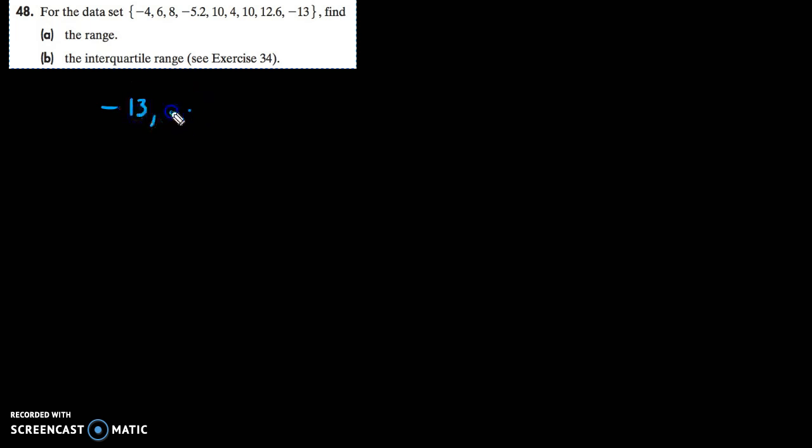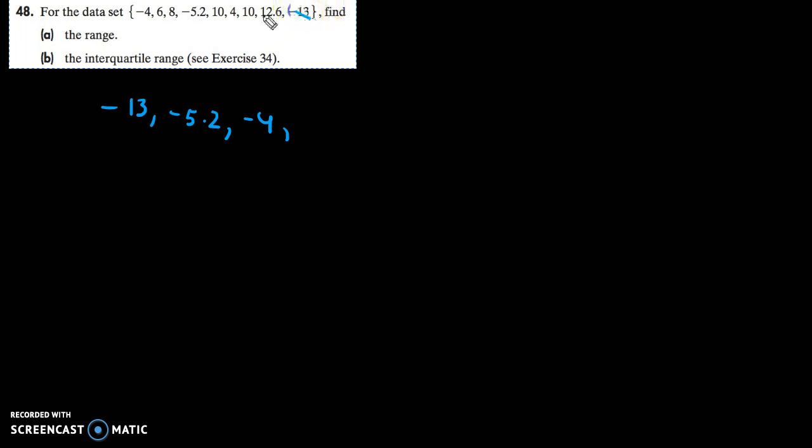So negative 13 is the smallest. And then negative 5.2, then negative 4. And then 6, 8, 10. Oh, there's a 4 in here. Got really used to using the same numbers over and over.